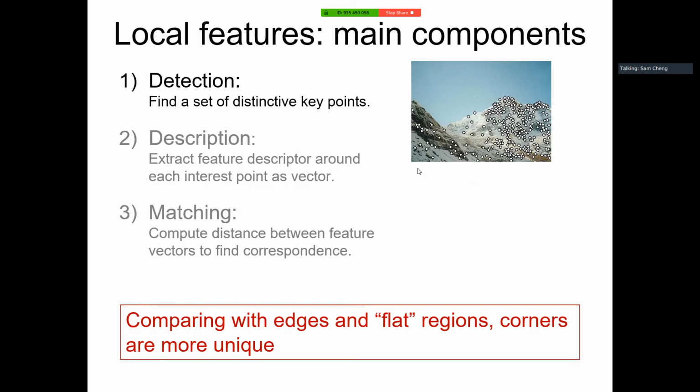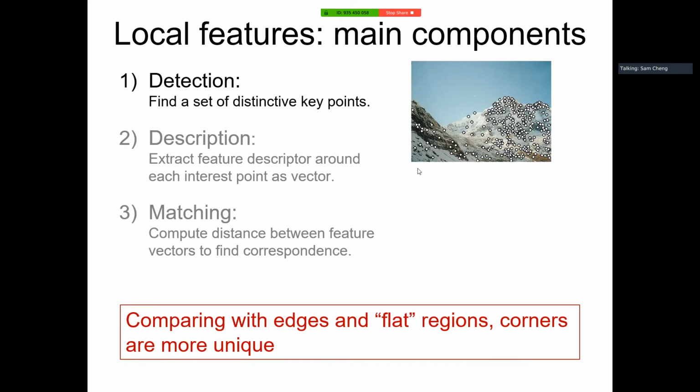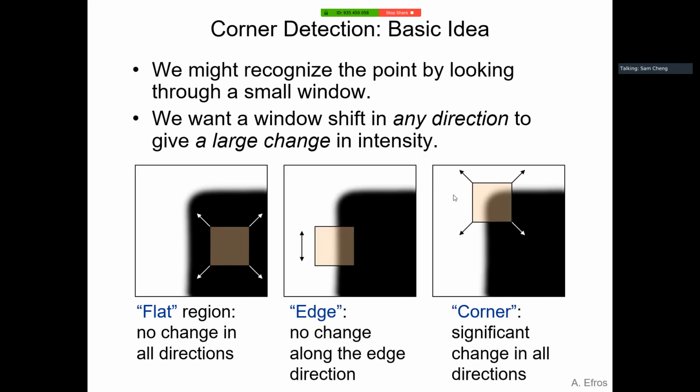I may repeat a little bit of that next time when we talk about SIFT, but I just want to focus on the corner detector. This is the most obvious kind of feature, right? When I say corner detector, maybe this point is more or less a corner. Or maybe this is a better example.